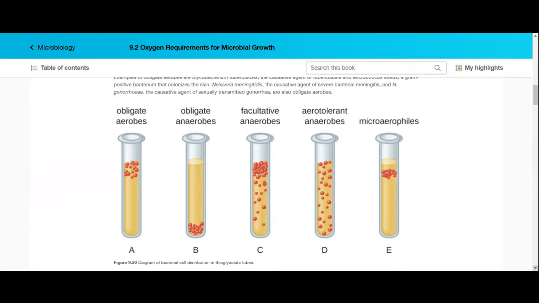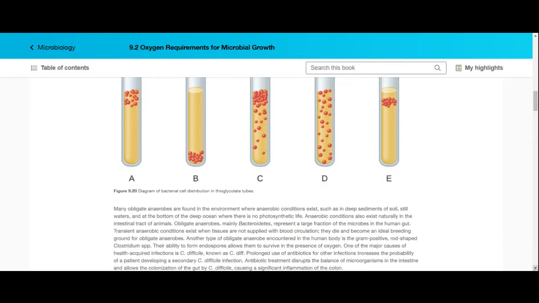The aerotolerant, again, don't care, so they can be anywhere. The microaerophiles are not at the top because that's too much oxygen, so they're somewhere in the top third or so. This is one of the labs we're going to do next week, and we're going to get our results and then try to classify our bacteria based on where we find them in the media.